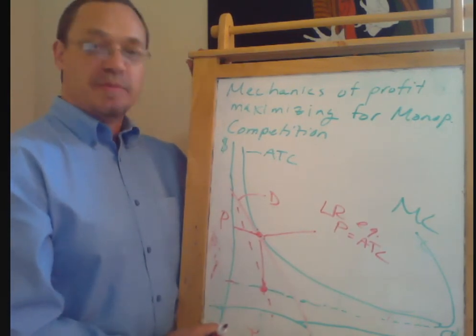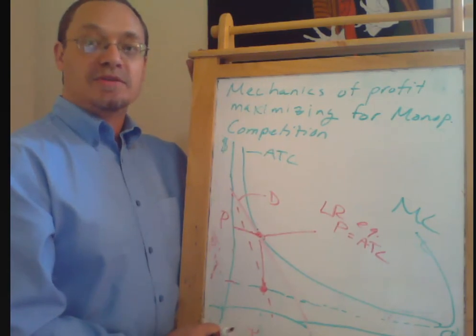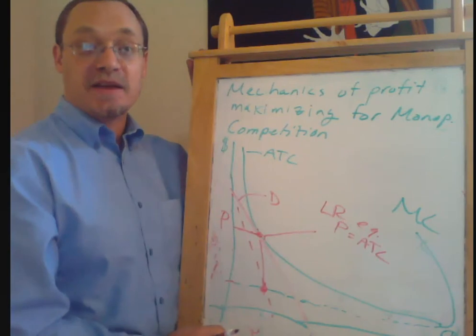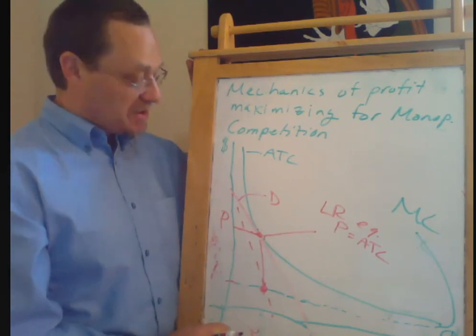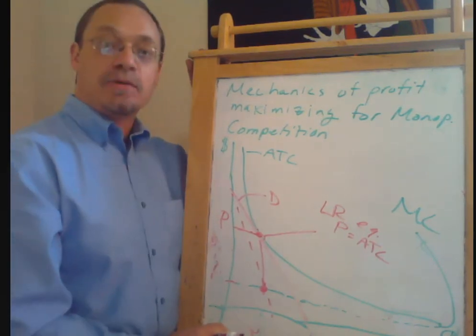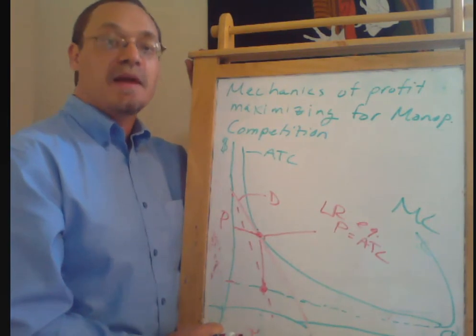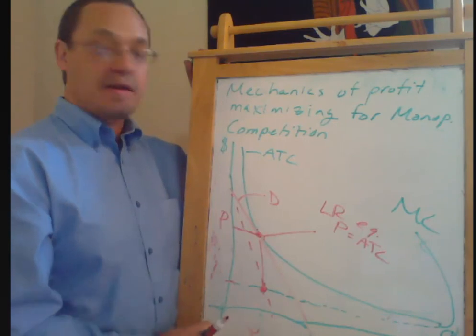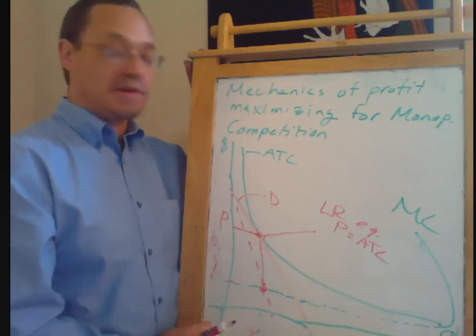And so sometimes people say that many media sources have giant economies of scale, and therefore they're natural monopolies. Well, not really, because of this whole issue of free entry and highly substitutable goods. So that's what we get in the long-run equilibrium of monopolistic competition.